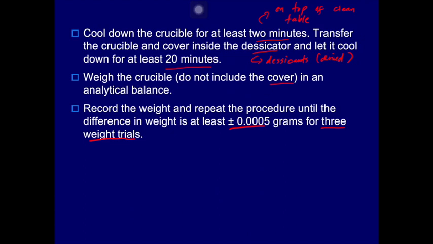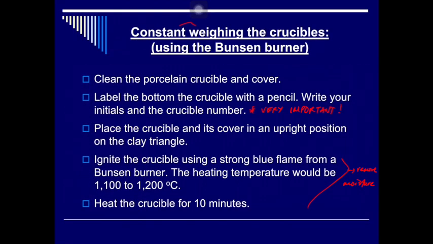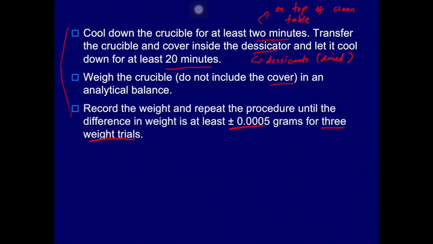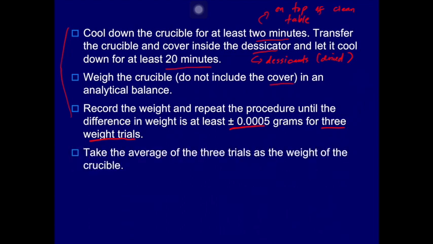You have to perform all the procedure from the beginning. So you have to perform the heating of the crucible for 10 minutes, then these procedures. You have to do this 3 times. That is what is meant by 3 trials. Take the average of the 3 trials as the weight of the crucible.